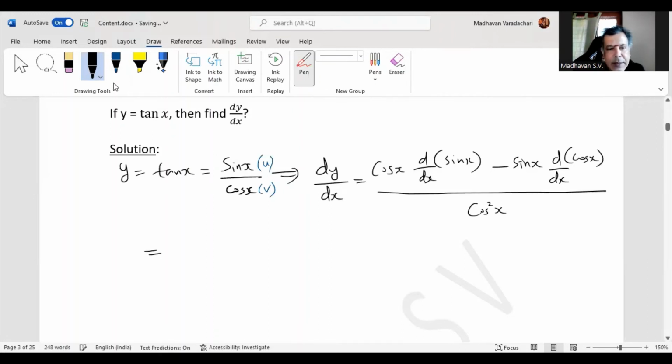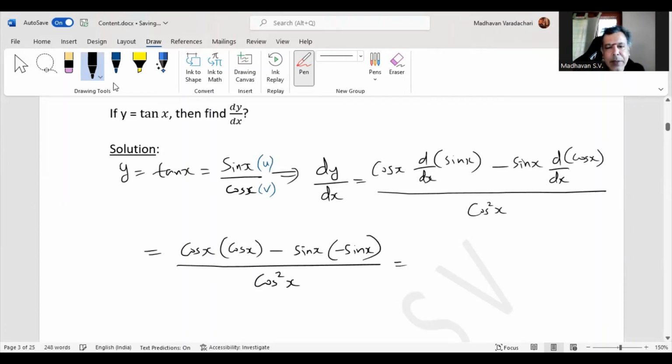And that is cos of x, and d by dx of sin x is cos x, minus sin x, d by dx of cos x is minus sin x, whole thing divided by cos square x. So this will become now cos square x plus sin square x divided by cos square x.